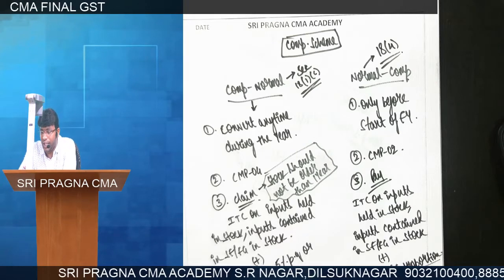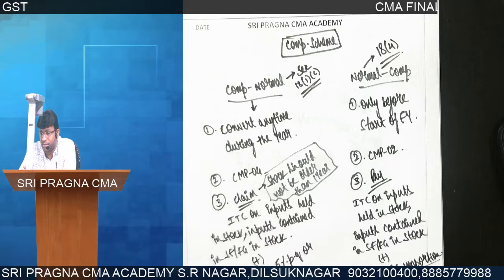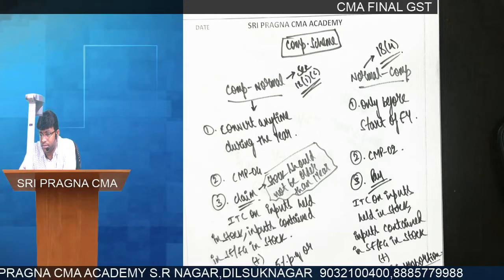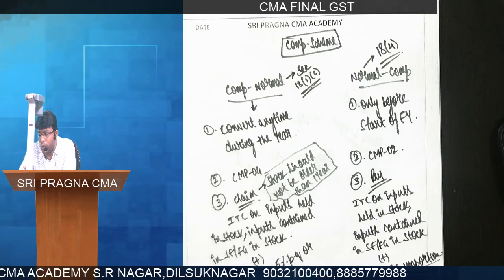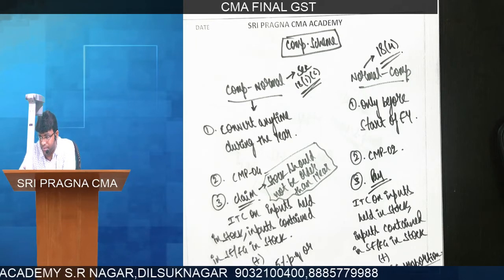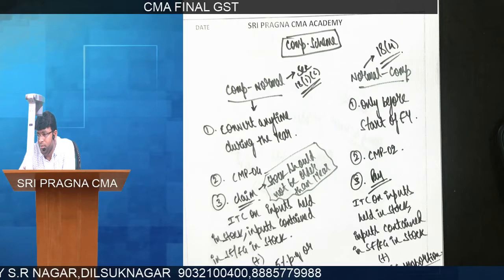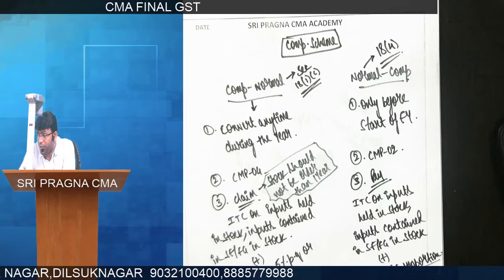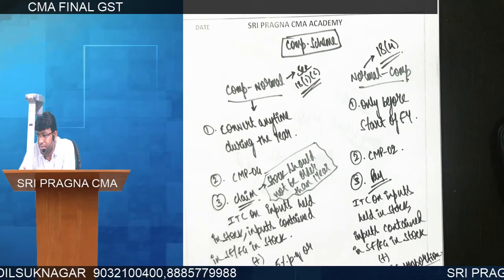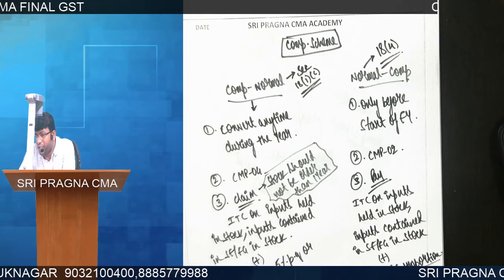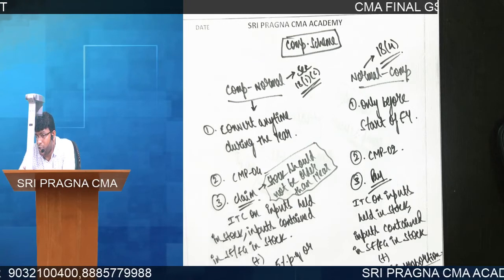Number two. Inputs purchased on 10/6/21 for 8 lakhs plus GST at 12%.